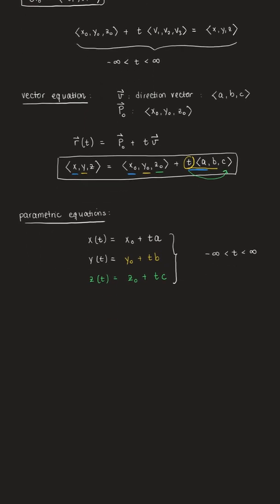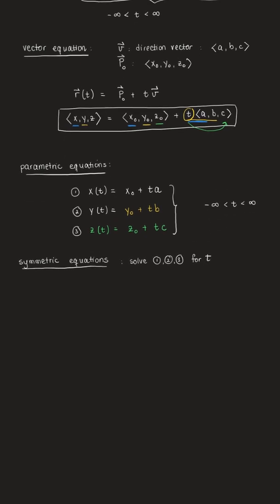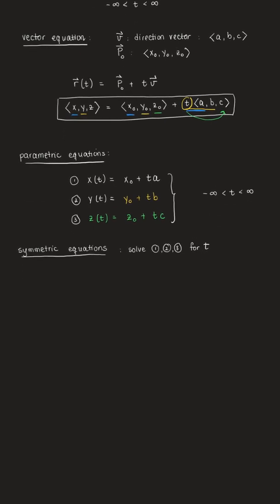And there's one more form of the equation of a line called the symmetric equations. The way that we're going to get these is by solving each parametric equation for t, and equating the t's together. So for the symmetric equations, we solve equations 1, 2, and 3 for our parameter t, and then we'll set them equal to each other because they will all represent the same t.